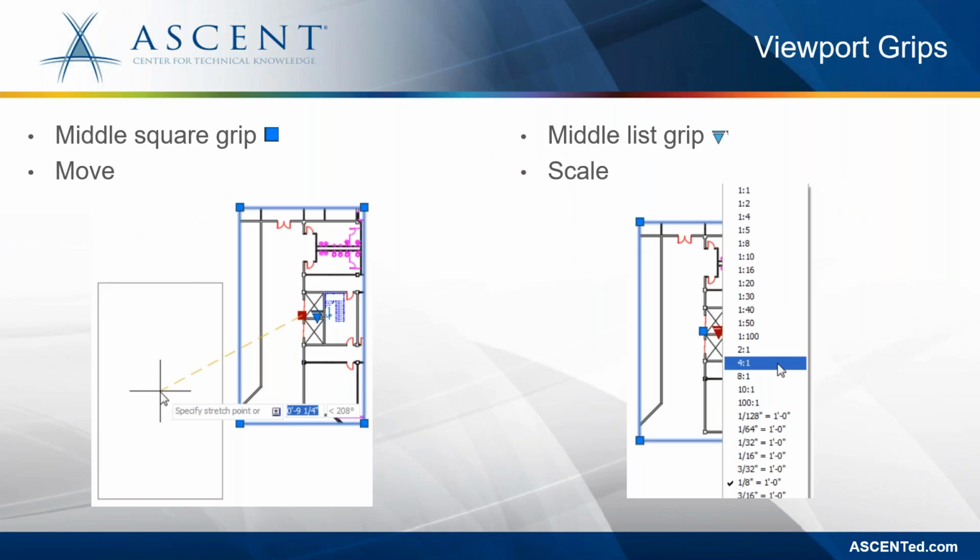Now, there is the middle square grip, which works like a regular move grip. It is used to move and place the viewport at a new location in the layout. And the third type, which is the list grip, lists the various scales. And that one is used to set the viewport scale.